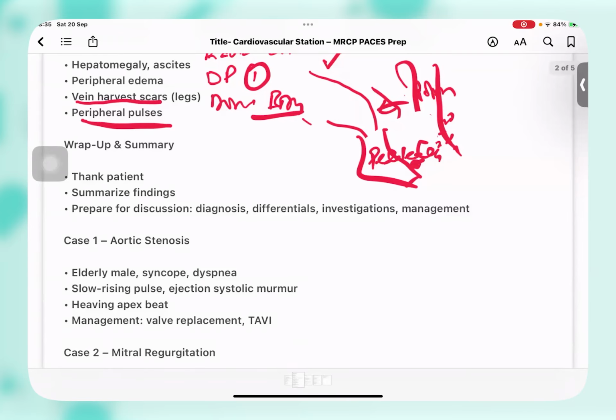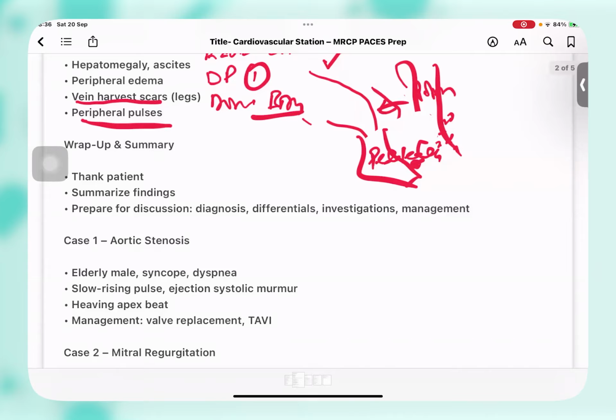Then hold the hands of the patient gently, look at the nails, look at the clubbing, look at the splinter hemorrhages, look at the Osler nodes, look at any needle pricks, look at the palmar erythema, look for any IV marks on the dorsal of the hand, then look for the temperature also.